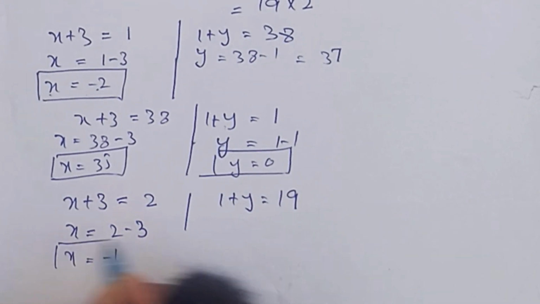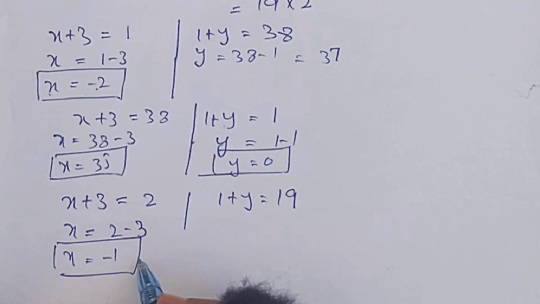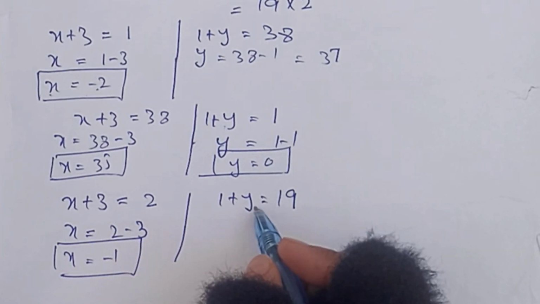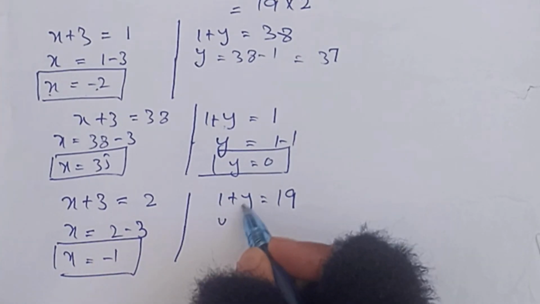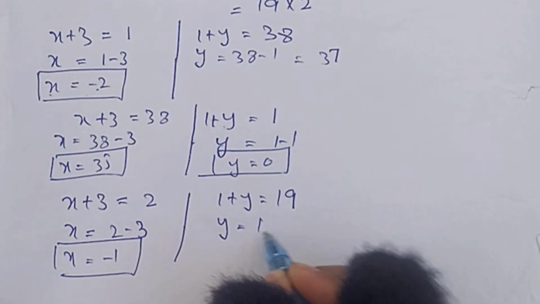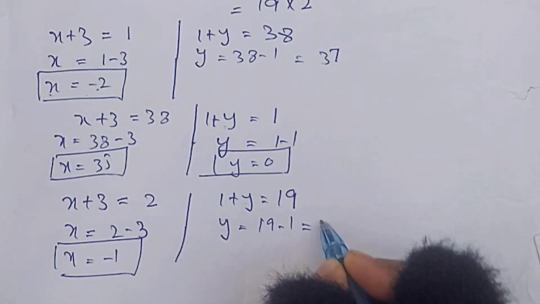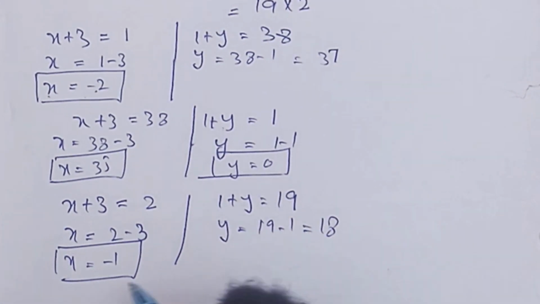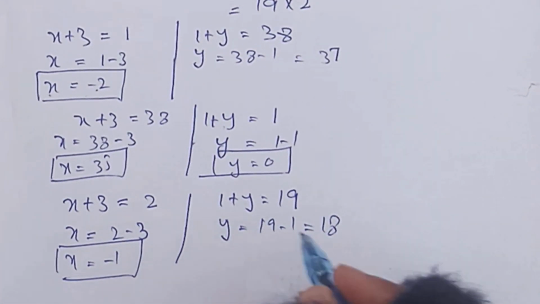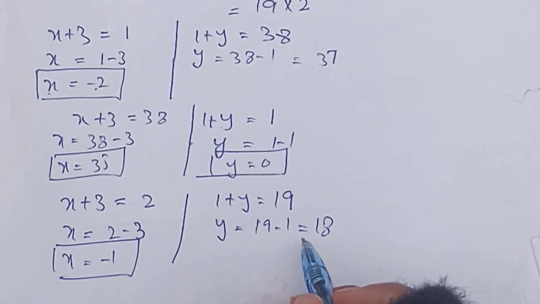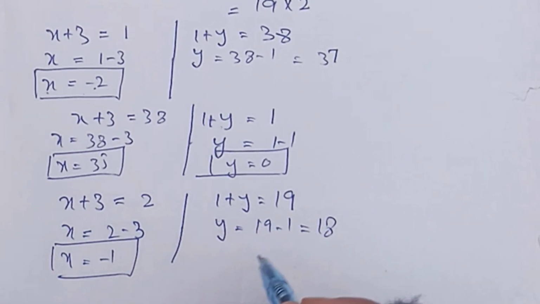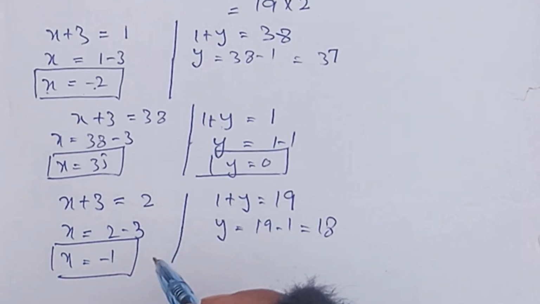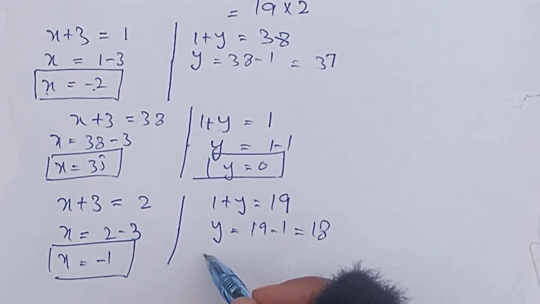So in this case, the value of x is a negative integer. Now if we subtract a 1 on both sides, then y is equal to 19 minus 1, which is equal to 18. The value of x is a negative integer, but the value of y is a positive integer. We cannot use this case because in our question x and y are both positive integers.